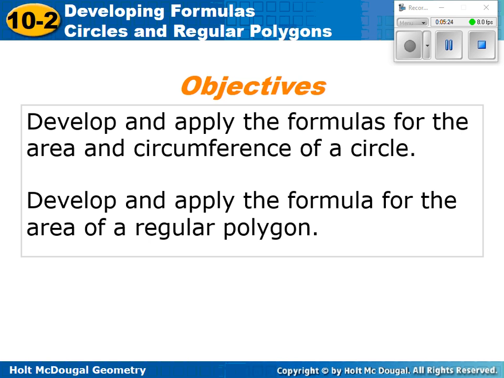We did not talk about the second circumference formula, but we did back in chapter 1. What's another option? Diameter times pi, or pi d. You'll need to add that to your notes, to your formula sheet, because it will be on your formula test. So add that.